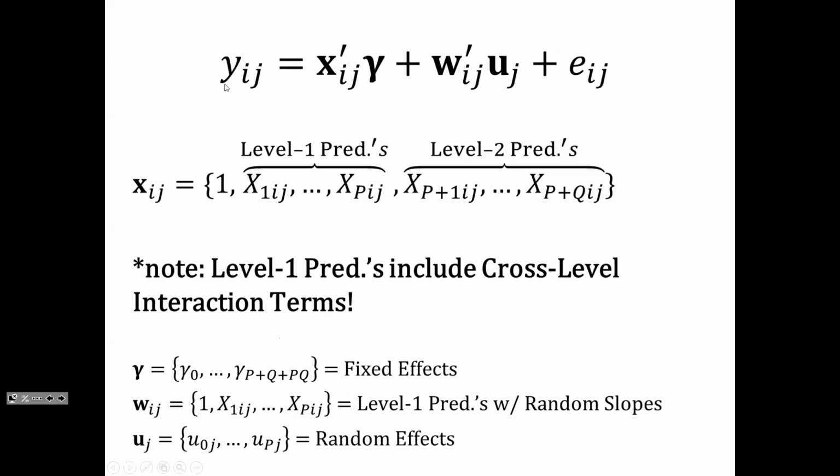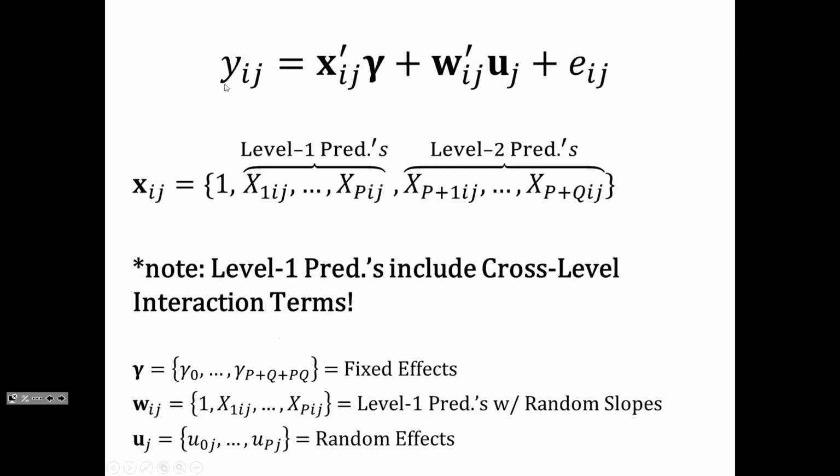But if we've got randomly varying slopes, they're going to get multiplied by these level 1 predictors. You don't have to worry about the matrix notation here, but I'm explaining how this works because it's going to come into play when we think about Rights and Sterba. So basically, our gammas are our fixed effects.